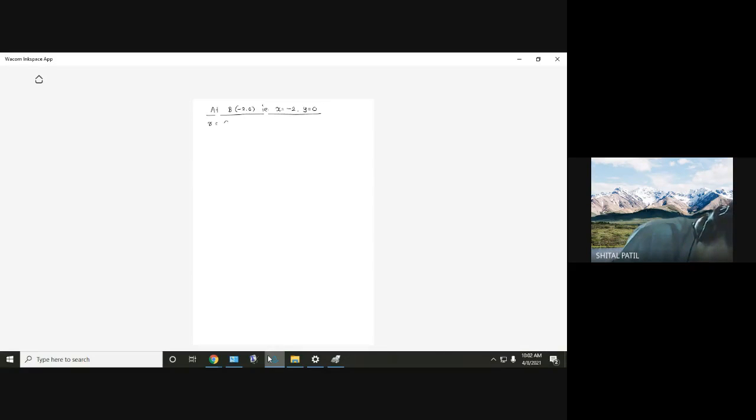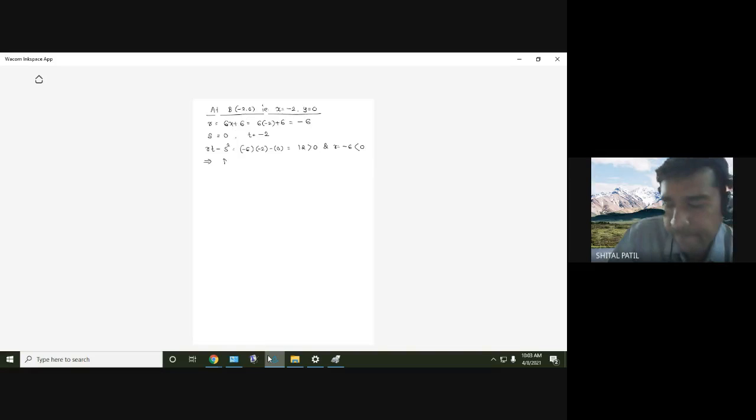So r is minus 6, s is 0 and t is minus 2, fixed value. Okay, and what about the r? So r t minus s square is greater than 0 and r is less than 0.